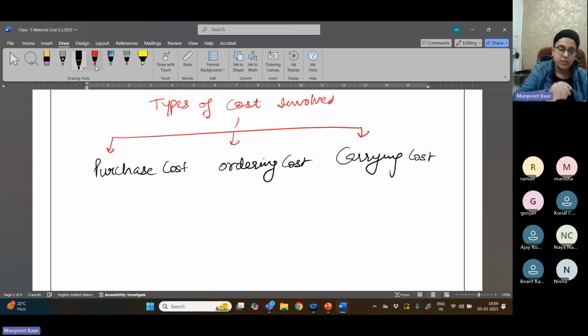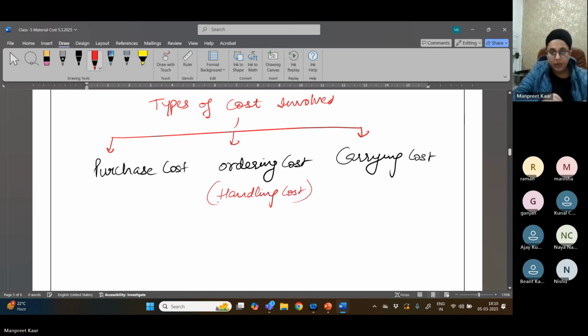Purchase, as the name indicates, is the purchase cost. Ordering cost is the handling cost. And carrying cost is the holding cost.